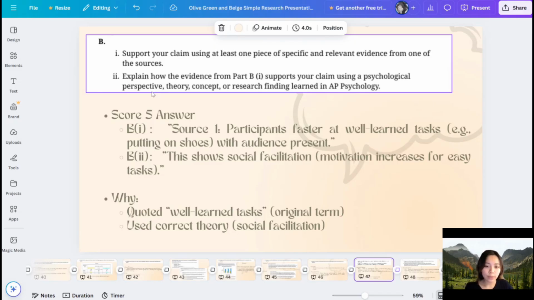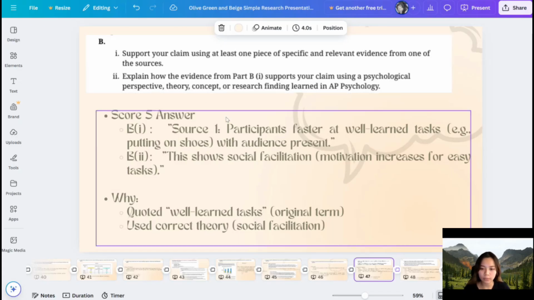I also used the correct theory, social facilitation. So that's why this is a good answer. Terms like well-learned, you'll find in the text. It will be in the methods also.